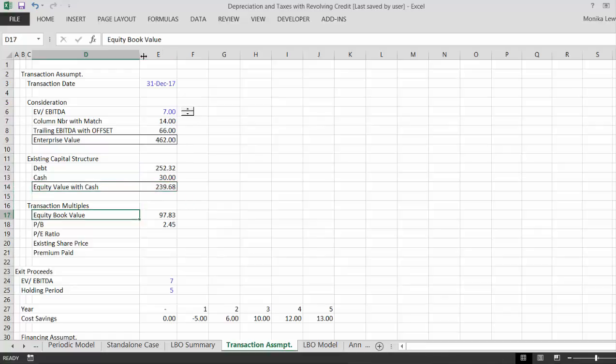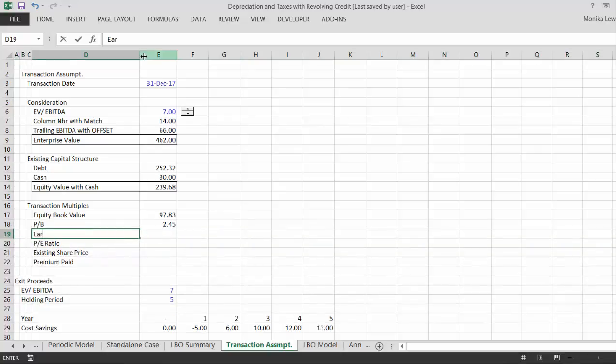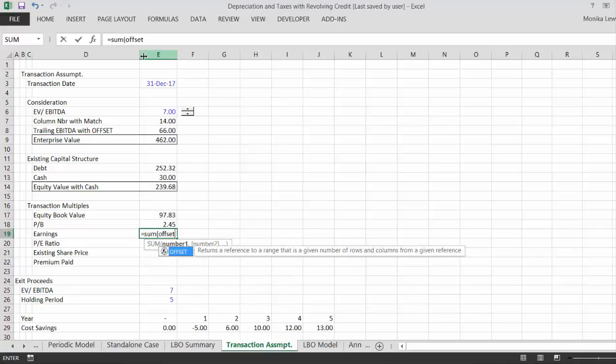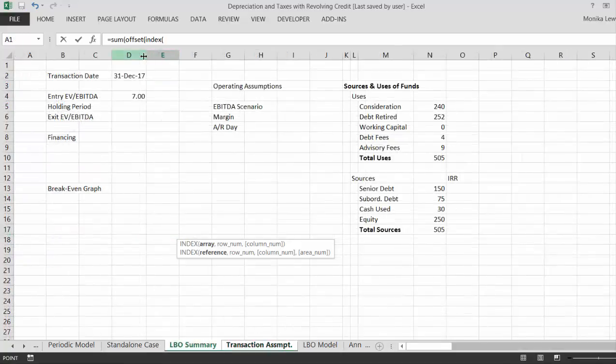Okay, and to get the PE ratio, we need the earnings. Now, we'll have to do the same thing. Let's just practice that. So what we do is we put offset, sum of the offsets of index, of the earnings that we had in our standalone case.